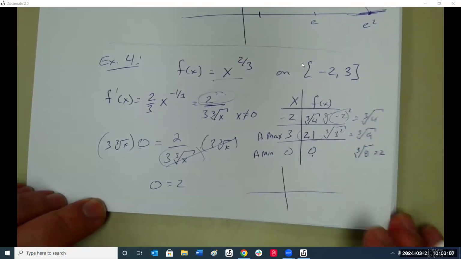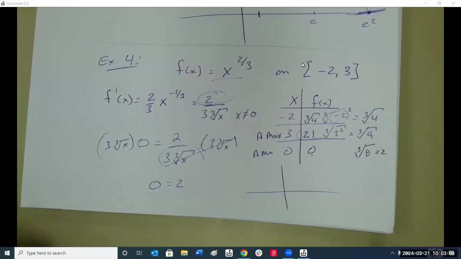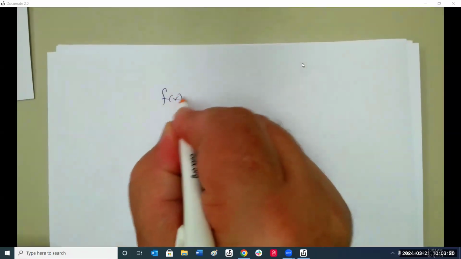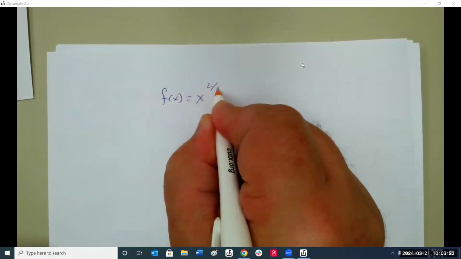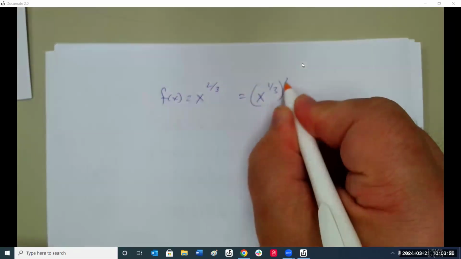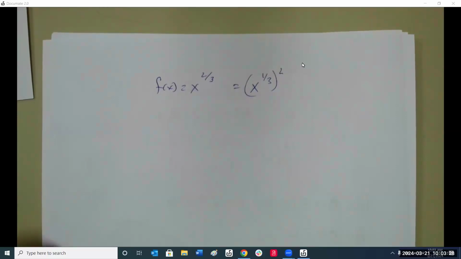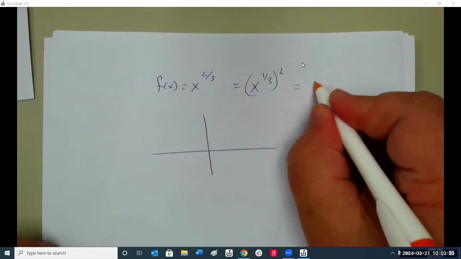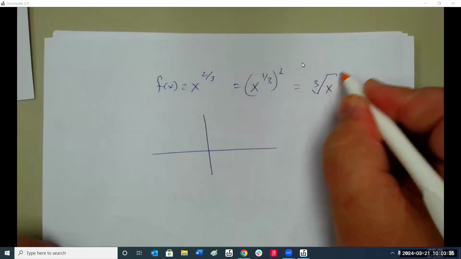What the graph looks like is this. The graph f of x equals x to the power of 2/3 is the same thing as x to the power of 1/3 squared, or cube root of x squared.